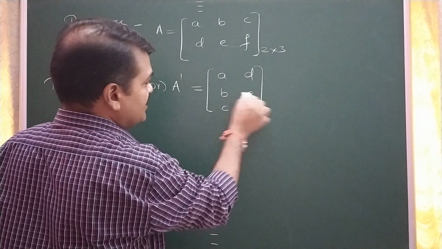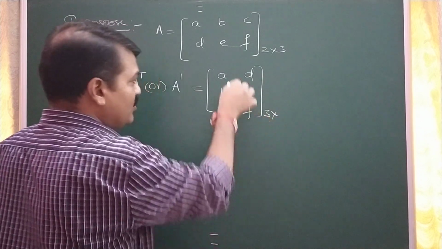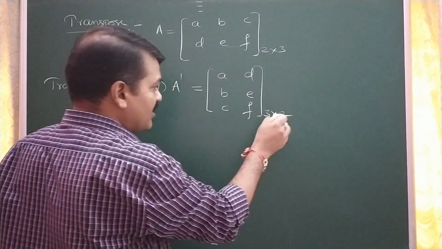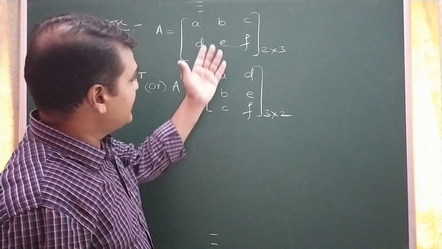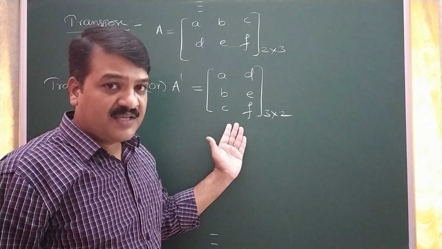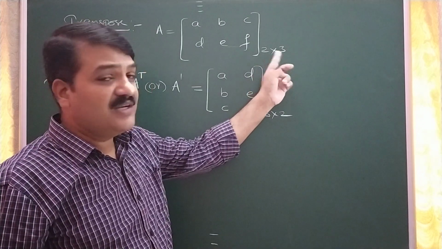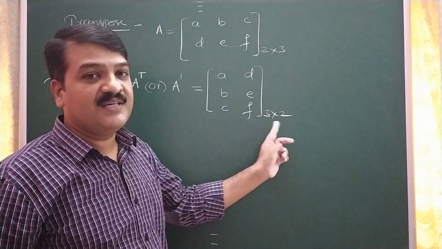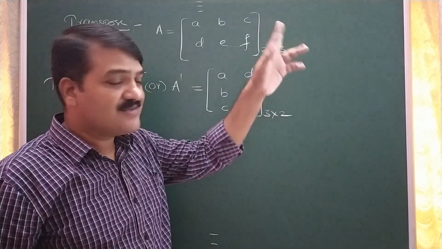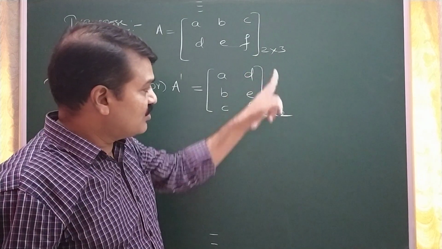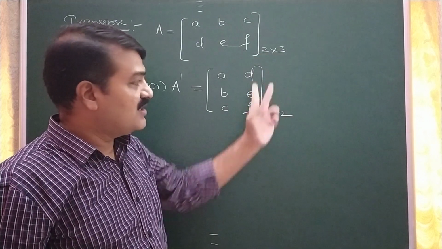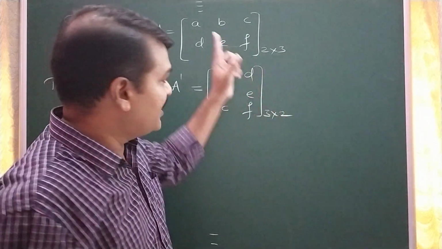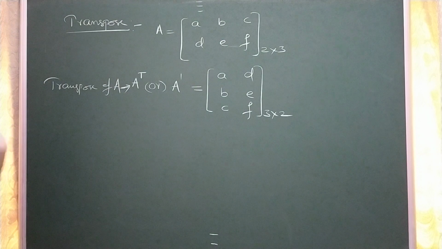You have 3 rows here and 2 columns, so 3 cross 2 is the order. So we can clearly see that by transposing a matrix, the order is reversed, because rows and columns are interchanged. Therefore the order will be reversed when you are transposing a matrix.